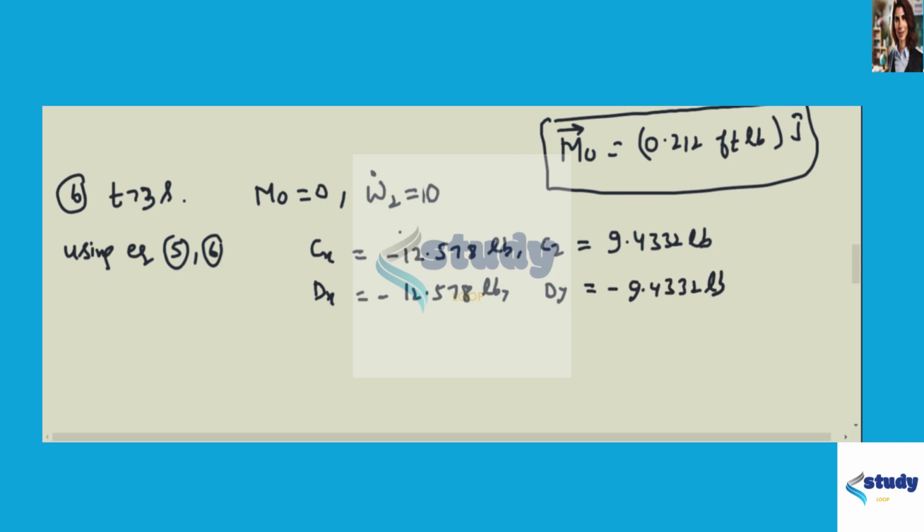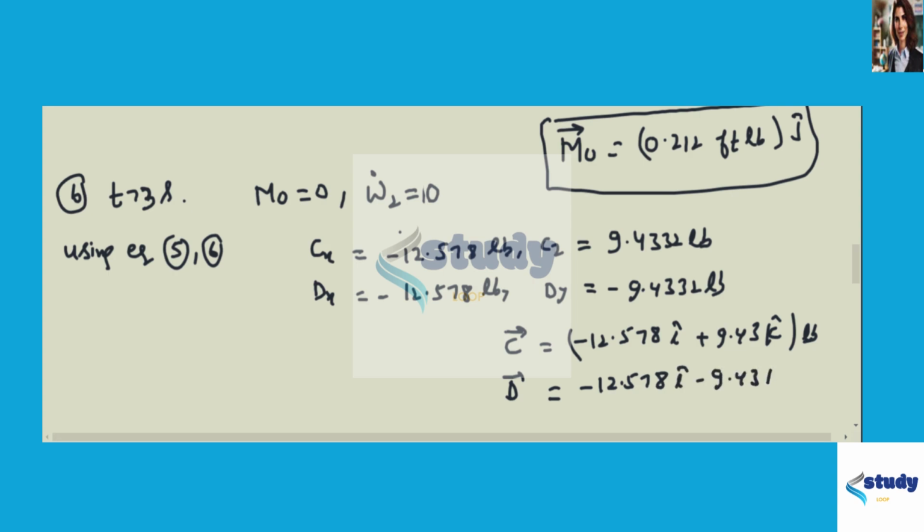So we can write the dynamic reaction at C as minus 12.578 i cap plus 9.43 k cap pound, and D is equal to 12.578 i cap minus 9.43 k cap pound. So these are the answers for this problem. Thanks for watching it.